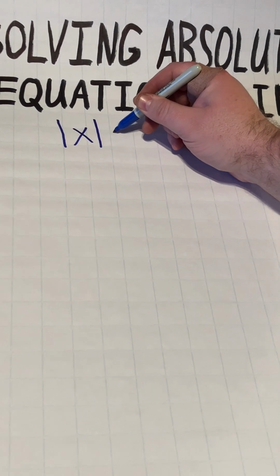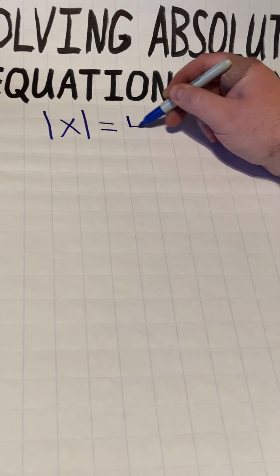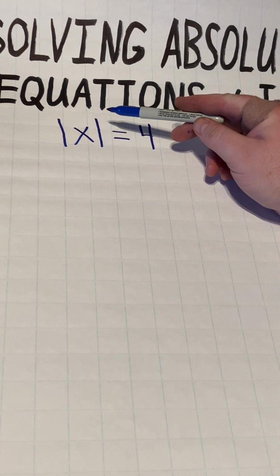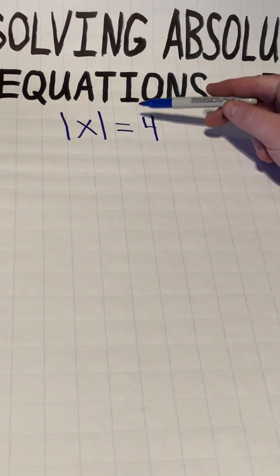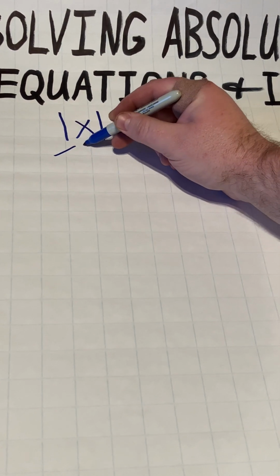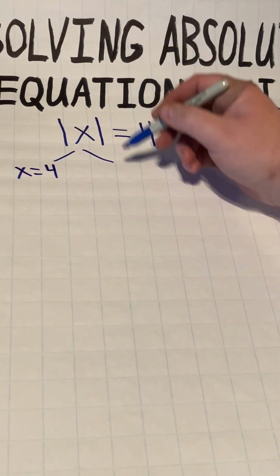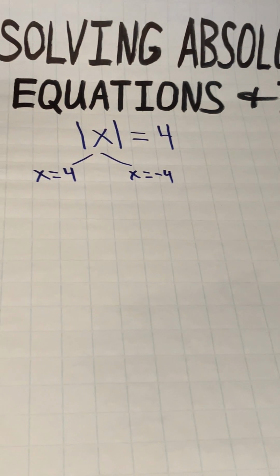Now, when we're solving an absolute value equation, remember what we're saying with this is the absolute value of what will be equal to 4. And so that always means there's going to be two things x can equal here, right?